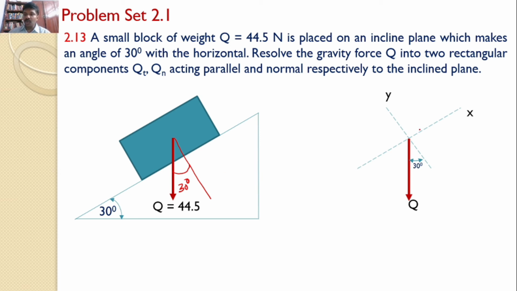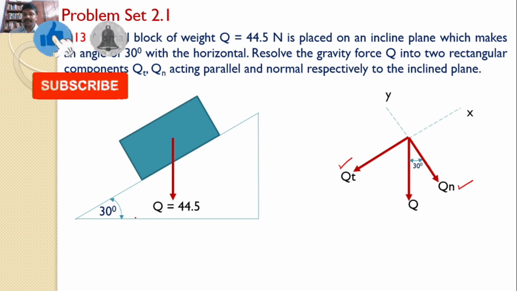By using that thumb rule, the component of the force Q along y-axis is like this. The component of the force Q along x-axis is like this. Given that component of the force along y-axis is Qn, the component of the force along x-axis is Qt.